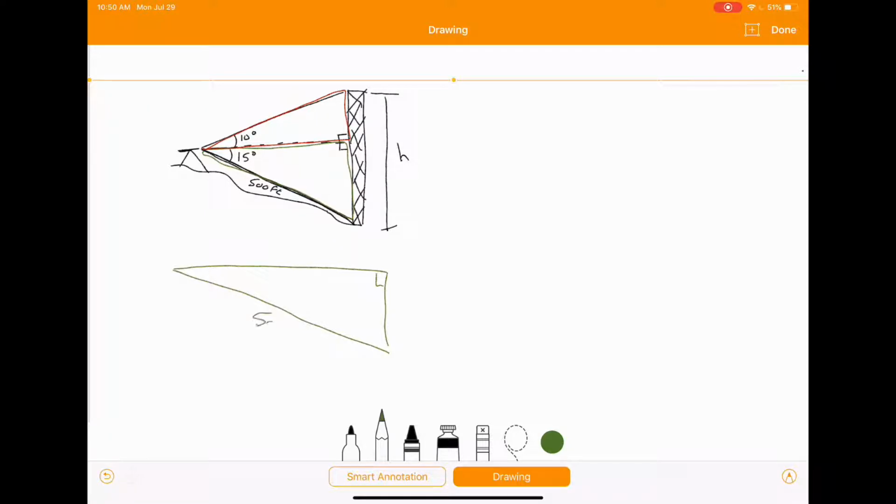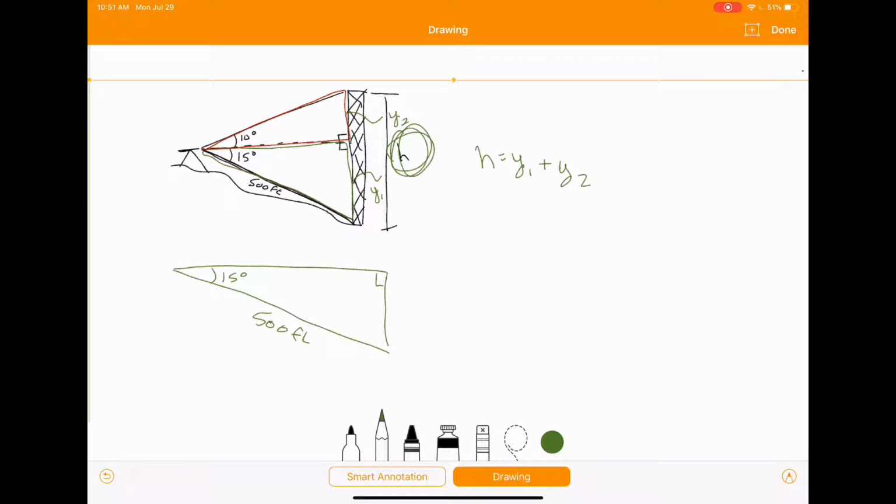We know that this is 500 feet, and we know that this is 15 degrees. Now again, remember that we're trying to find this H here. That H is made up of this distance on the second triangle and this distance on the first triangle. Let's name these Y1 for the first triangle and Y2 for the second triangle. So H is going to equal Y1 plus Y2.